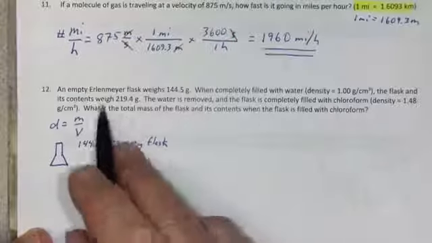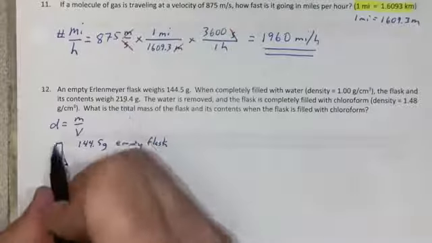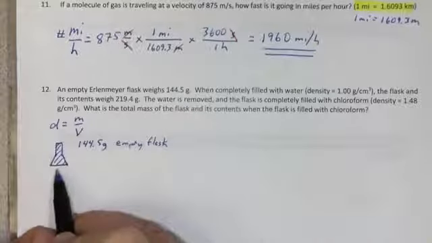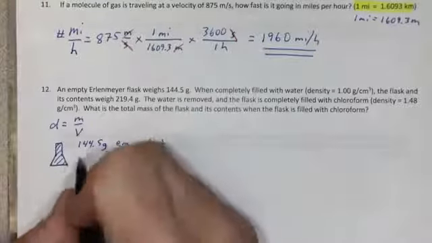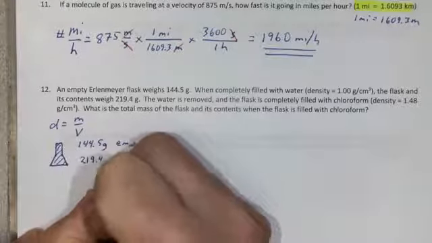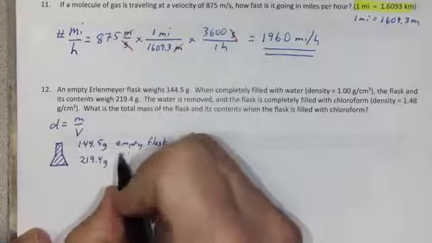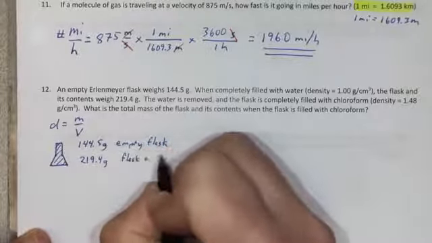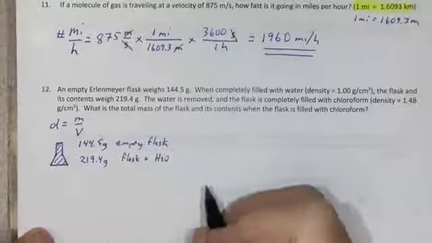But when it's filled completely with water, so we're going to fill this completely with water, I'm going to shade this in to indicate that it's completely filled with water. Then the total mass is 219.4 grams. That's the flask plus the water.